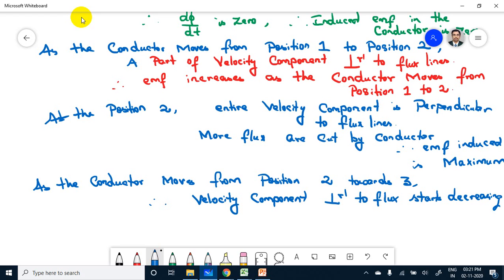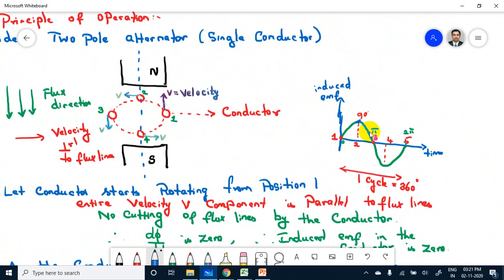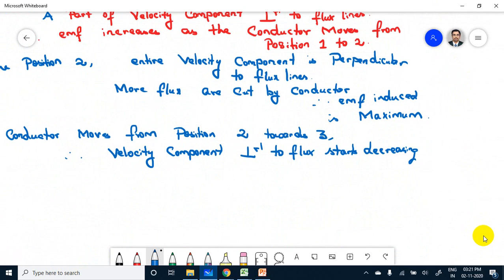Once it starts decreasing, you see the graph, the EMF is also decreasing.